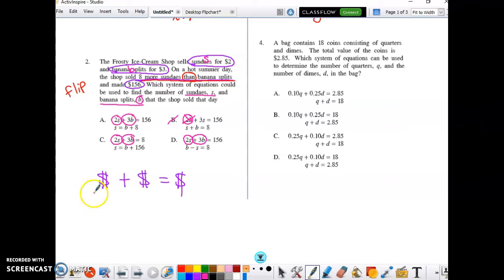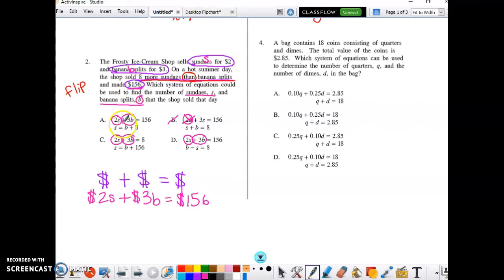So that's going to be $3, no, $2. Where's my back arrow? Hold on. $2 for the sundaes plus $3 for the banana splits equals the total amount of 156, because that's what we had here.